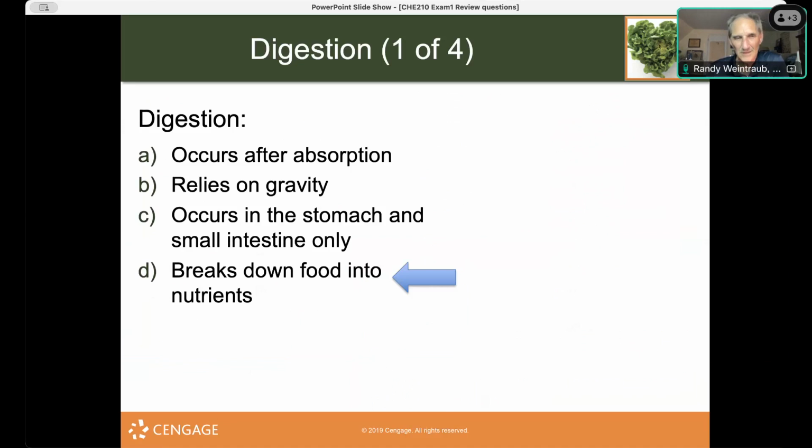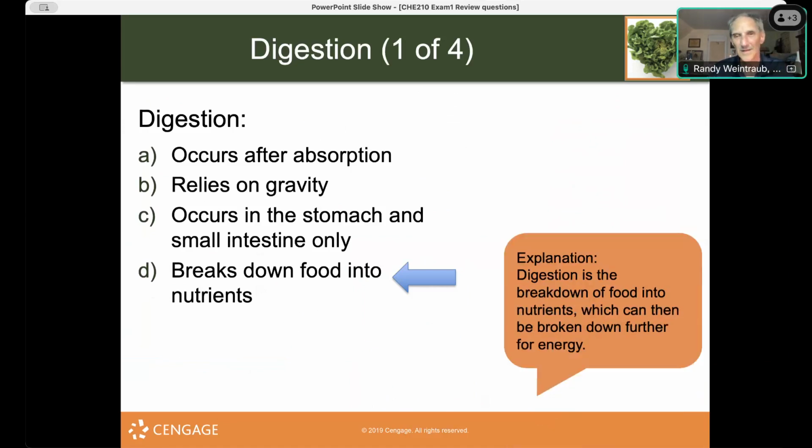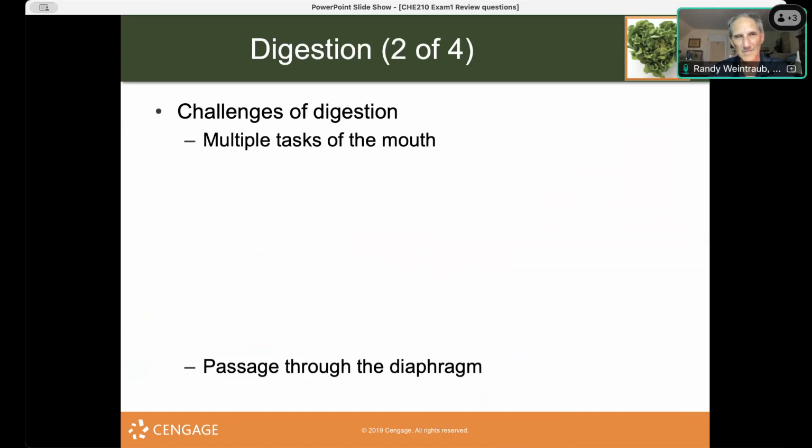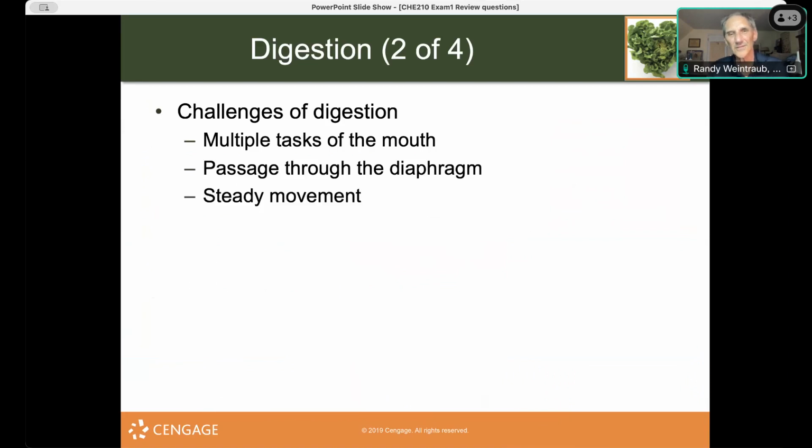If for some reason we don't have these enzymes excreted or working properly, then we'll have lack of absorption of those nutrients, and slowly could have deficiencies. Yeah, there could be challenges to digestion.